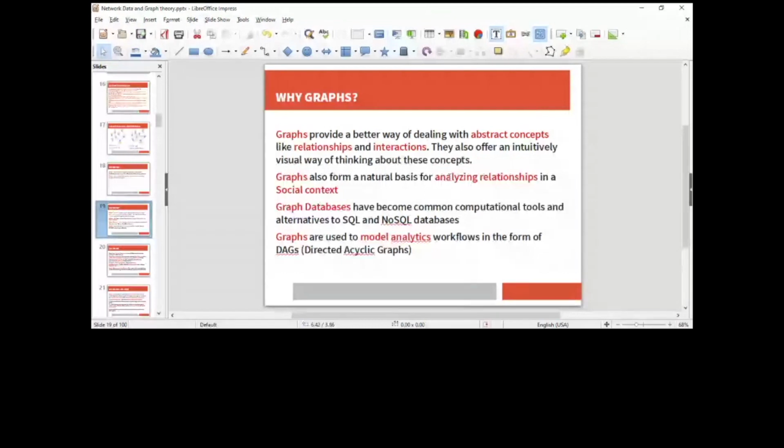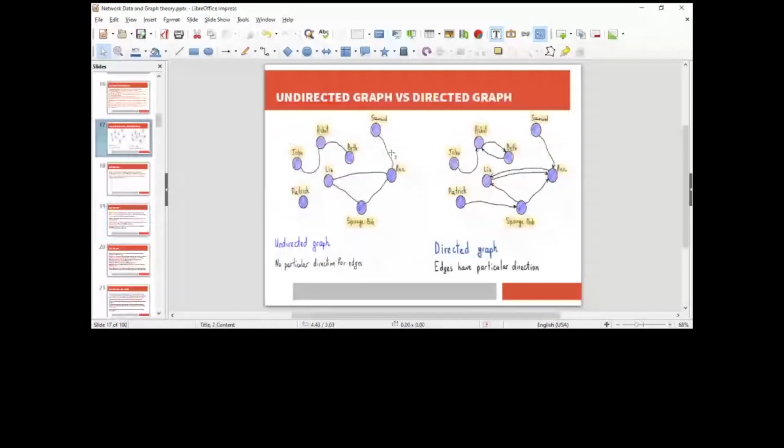So graphs provide a better way of dealing with abstract concepts like relationships and interactions. They also offer an intuitively visual way of thinking about concepts. In our minds, when we think about ideas and concepts, we are thinking in mind maps. You'll find out that your graphs are maps, okay? So this is why it's a powerful tool, right?